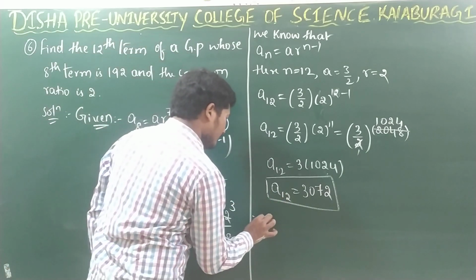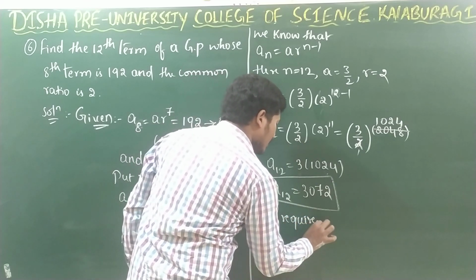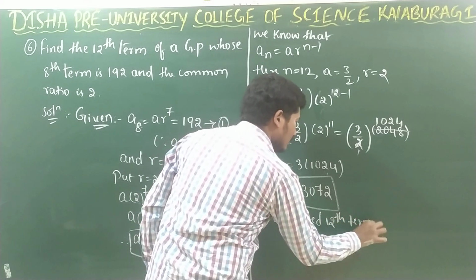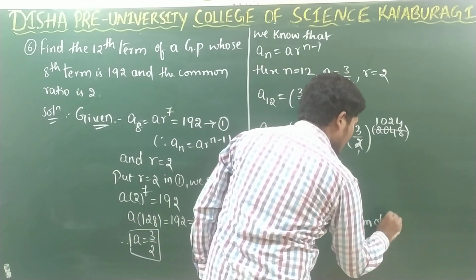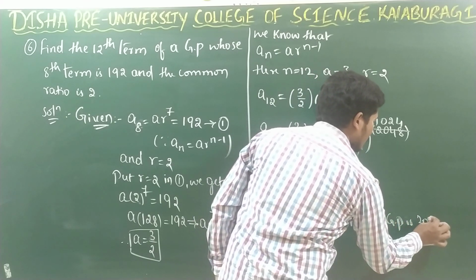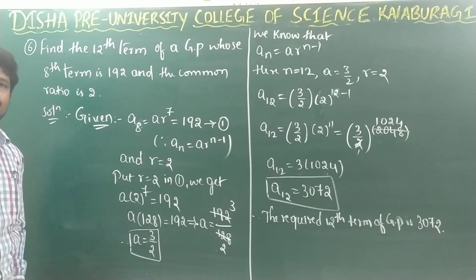Therefore, the required 12th term of GP is 3072. This is your answer.